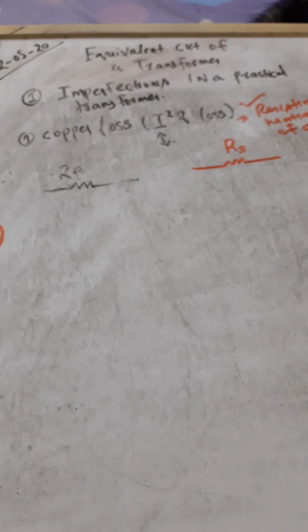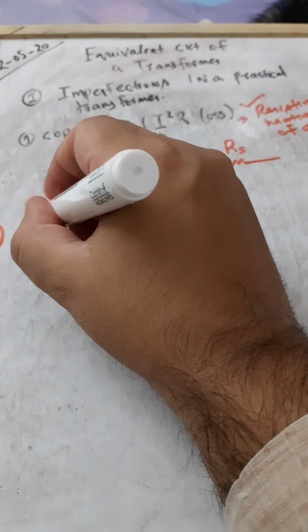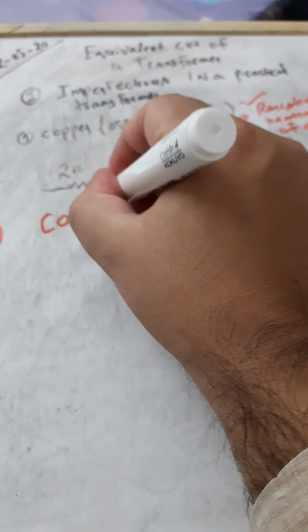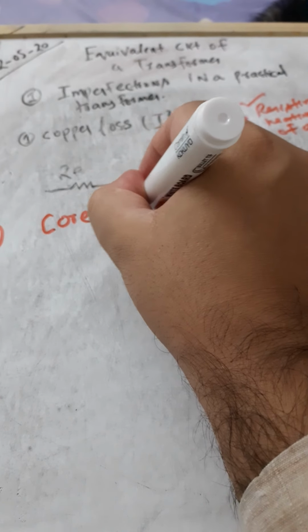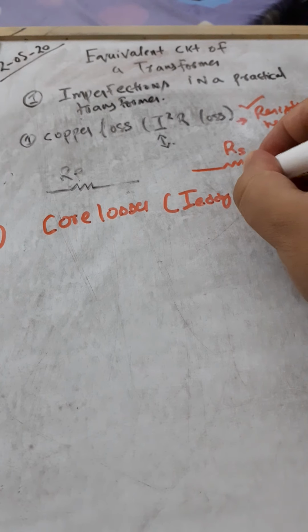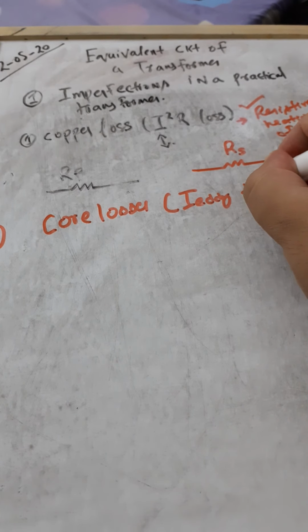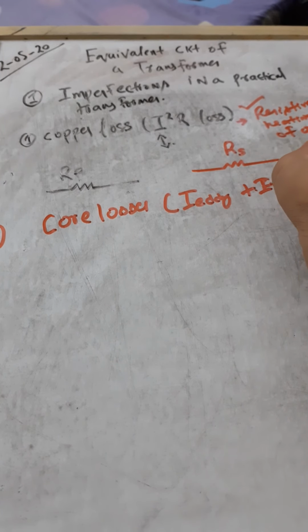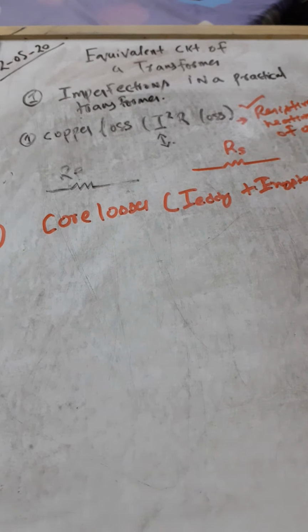Similarly, hysteresis losses are associated with the rearrangement of the magnetic domains in the core during each half cycle, as explained in the previous lecture also. Together these form the core losses, with I eddy plus I hysteresis, I H. So these together form your core losses.